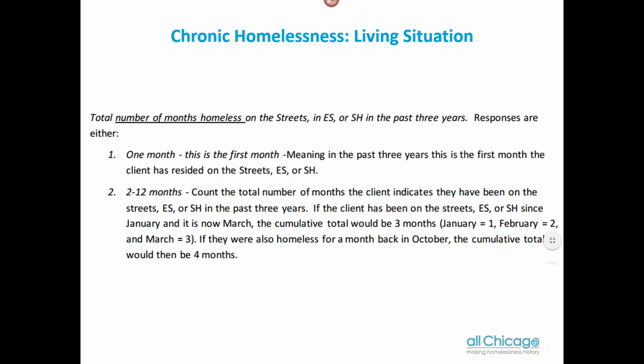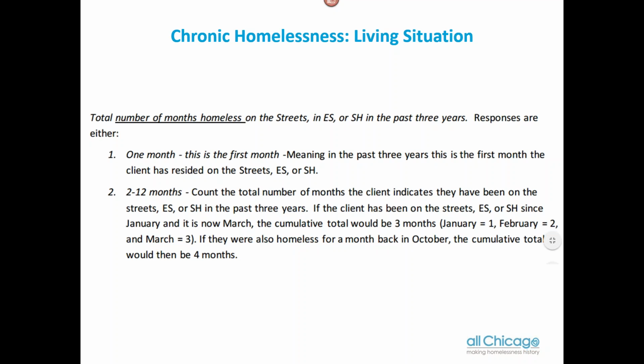And between 2 to 12 months, again, that's meant to be cumulative, such that if a client was homeless since January and it's now March, that would be 3, but then you add in another month if they also can recall being homeless back in October. So cumulative here.